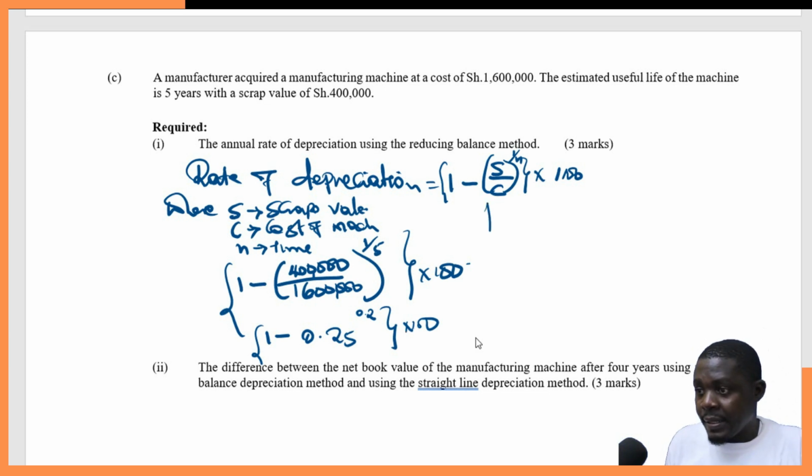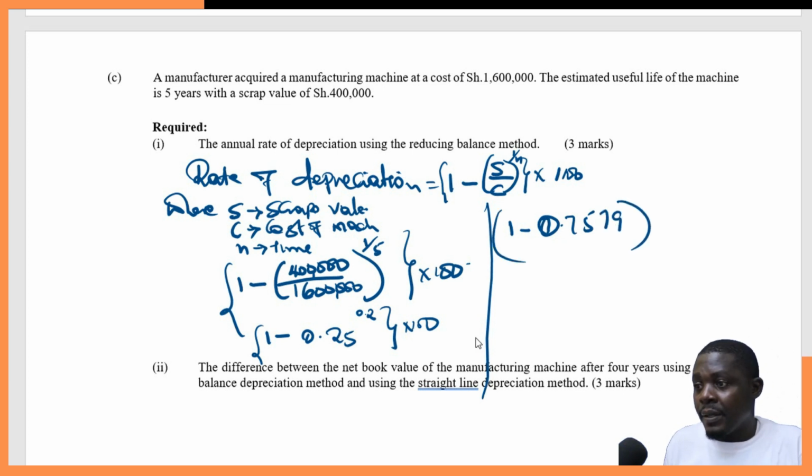In that case, we have 1 minus 0.7579, everything by 100.